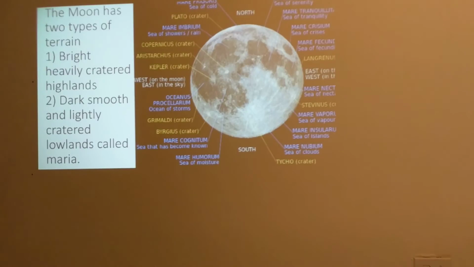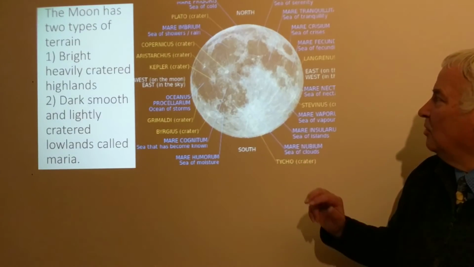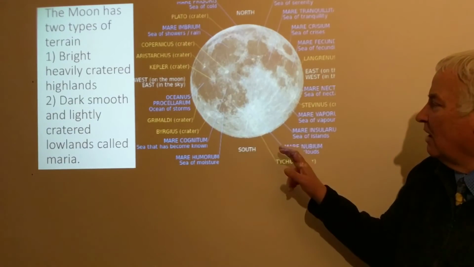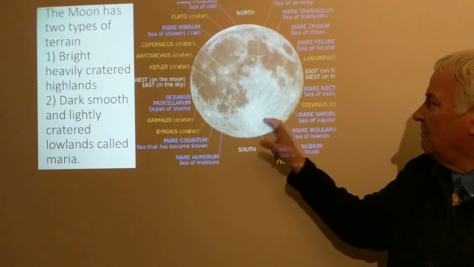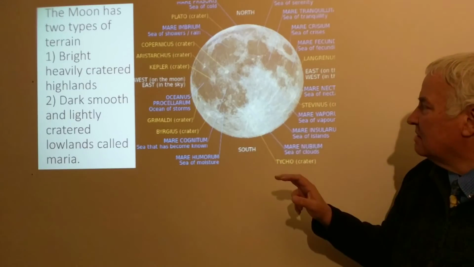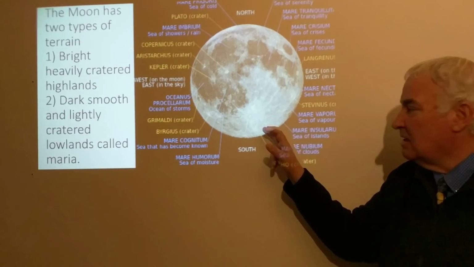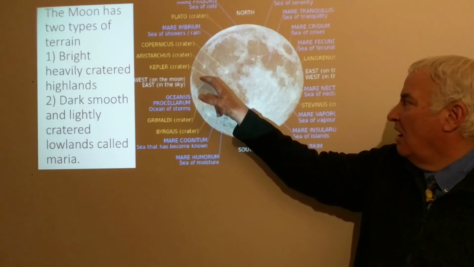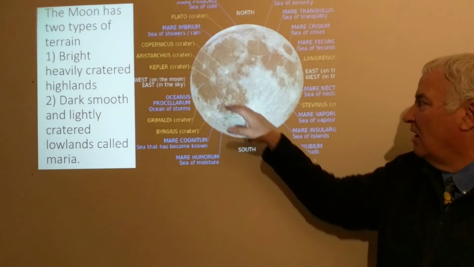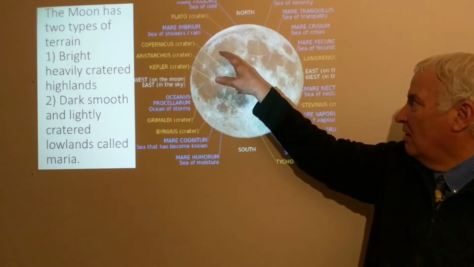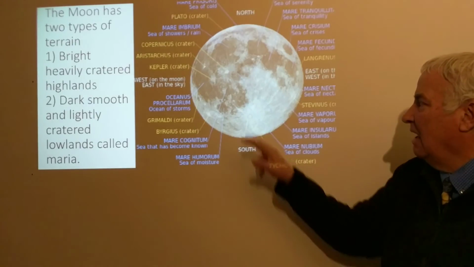So we see here now, looking at the near side of the moon, all of these features are labeled here, and we see two basic types of terrain: a bright, heavily cratered highlands, and this is anorthosite rock. It's very low density. And then the darker lowlands, they're lower down in altitude, and they are from the darker lava flows that occurred in the past.